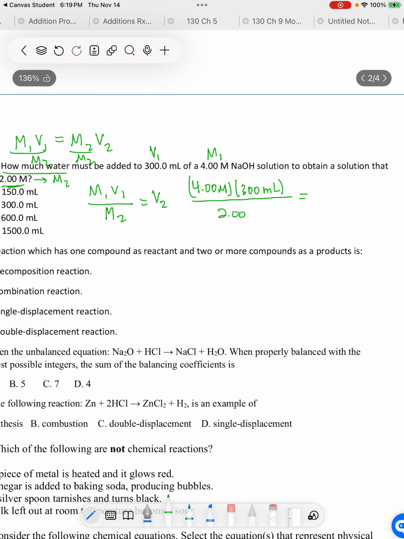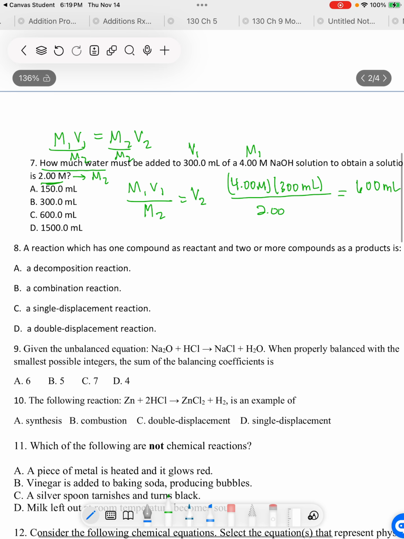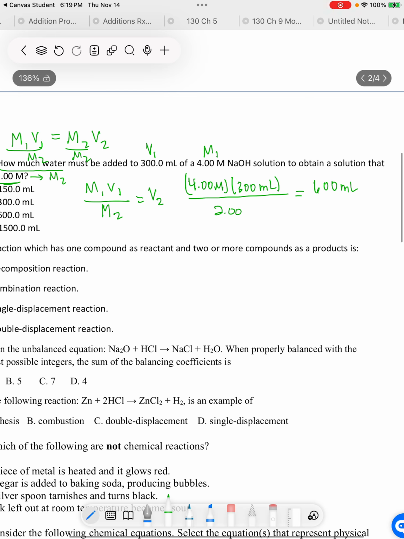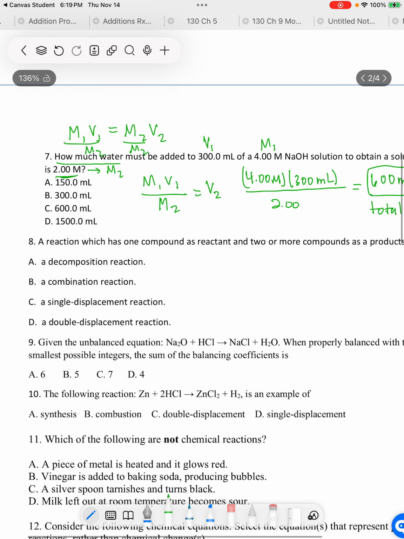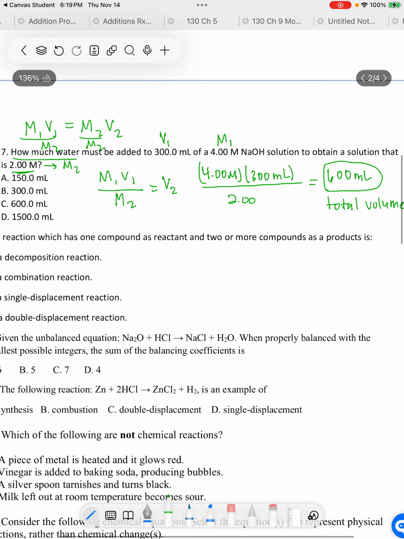Okay, so that gives us 600 milliliters, right? 12 divided by 2. And that's going to be our total volume, right? So this is actually 600 milliliters is our total volume, but we don't want the total volume. It's not asking what is the total volume. It's asking how much water has to be added to 300 milliliters.